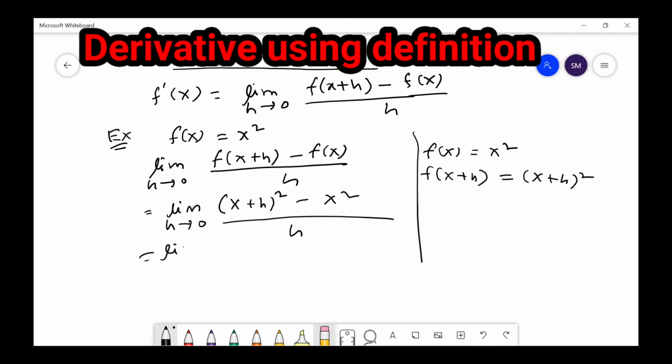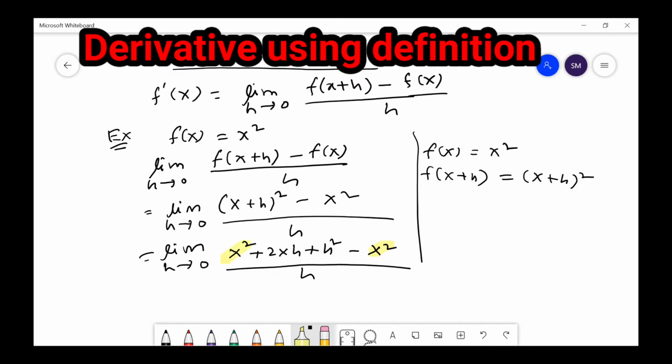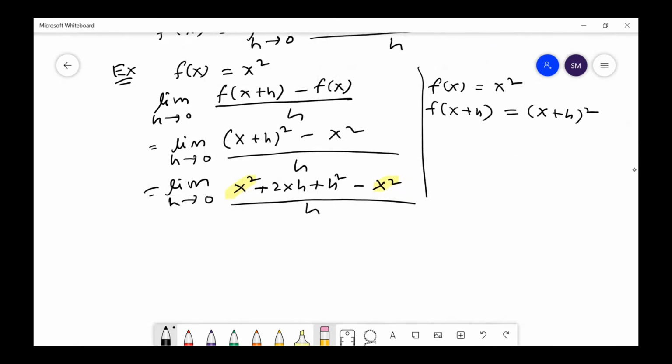Here you can solve it two ways, either use the formula a square minus b square, or you can just open up the bracket. So this will be 2xh plus h square minus x square over h. Now this x square will cancel out. You will get limit h tends to 0 of h times 2x plus h over h.